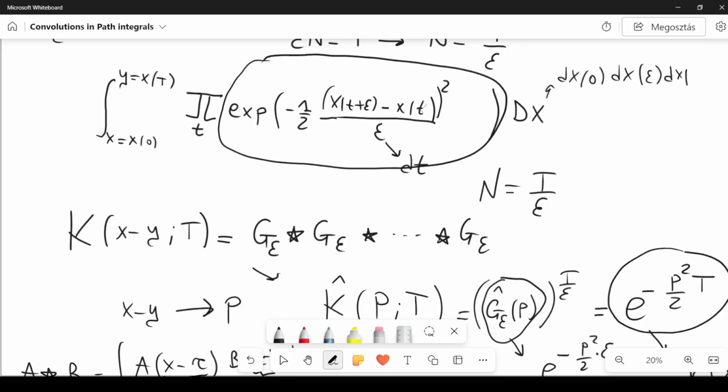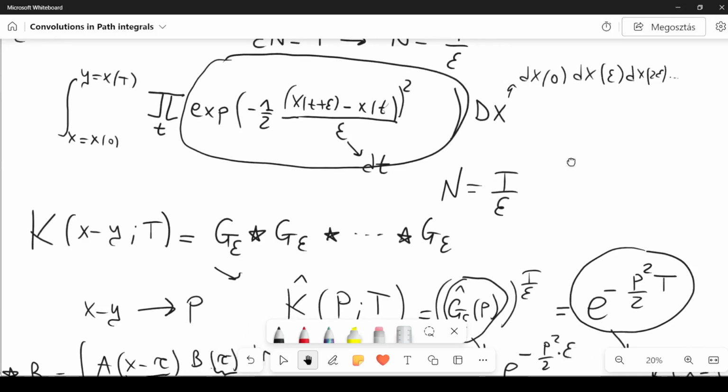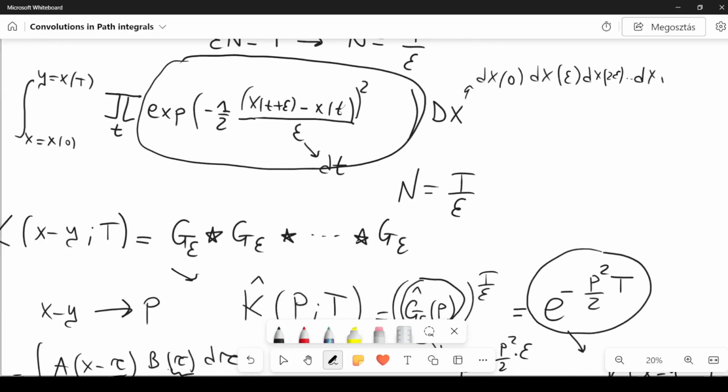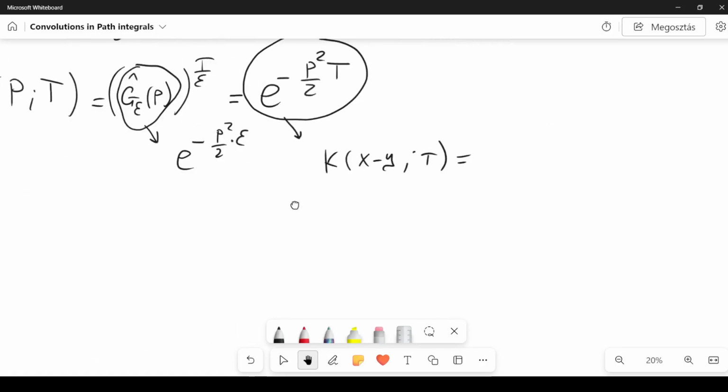Then we have dx of 2 epsilon, dot dot dot, and we have dx of n epsilon. This is the last increment, so the last differential, but there is a proportionality, so we can multiply this by any factor, and therefore this function is not really equal to this, but it's actually proportional to that. So here, to be more precise, I should put a proportionality symbol.